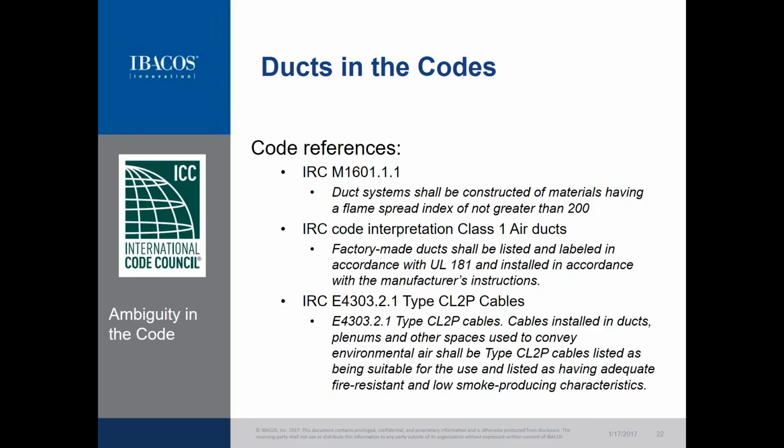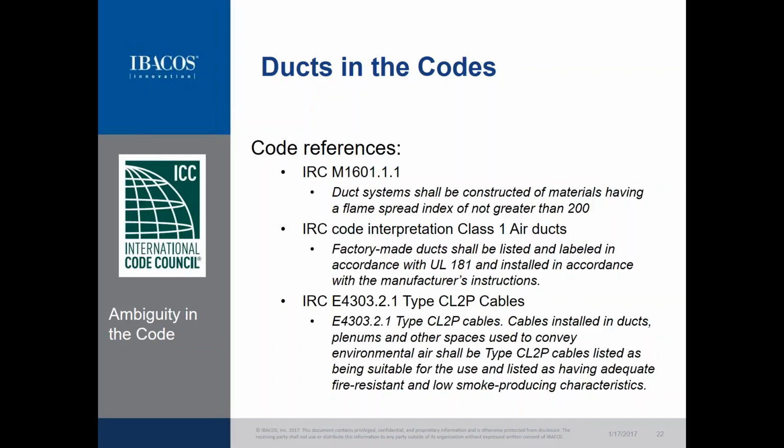When you look at the IRC in the mechanical section, 1601.1.1, there's a reference that duct systems shall be constructed of materials having a flame spread index not greater than 200. So here we have a different flame spread index than is required under UL 181.